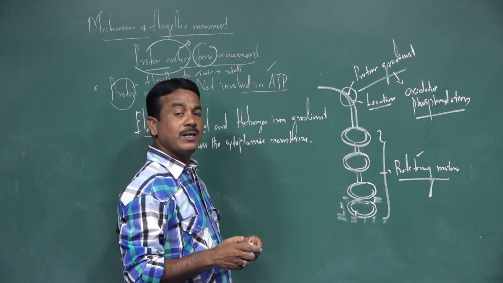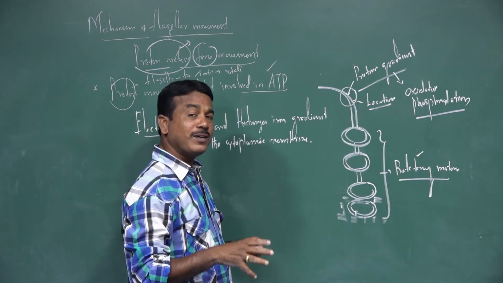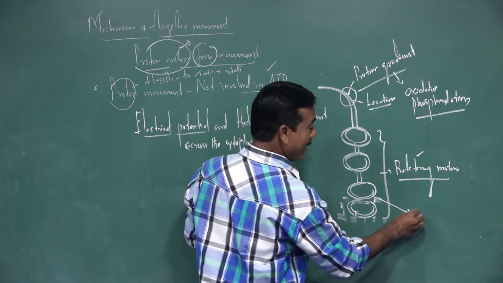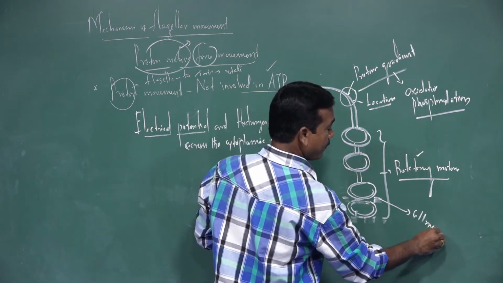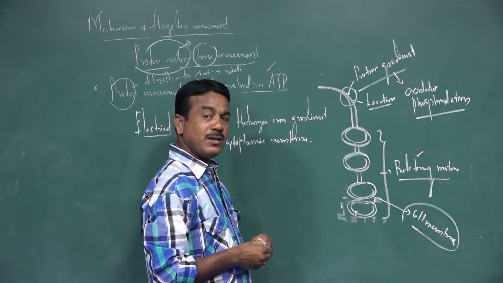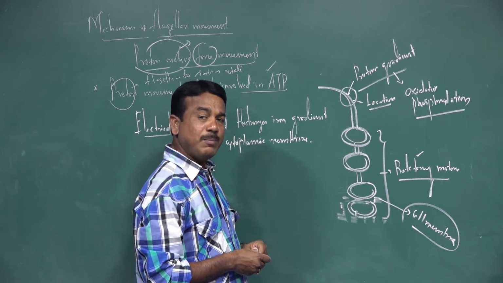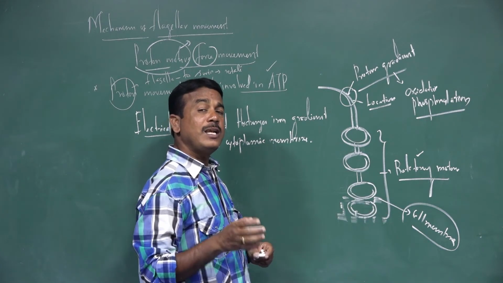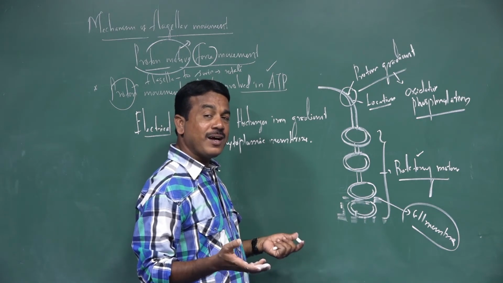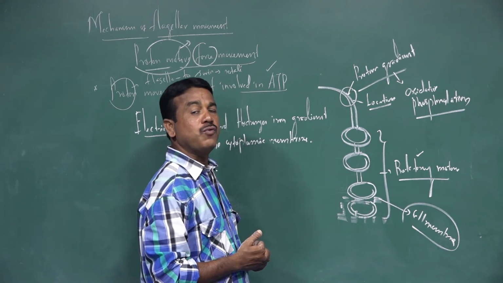So the bacterial rotatory motor is situated in the cell membrane. Therefore, the cell membrane is the actual site of generation of proton motive force.